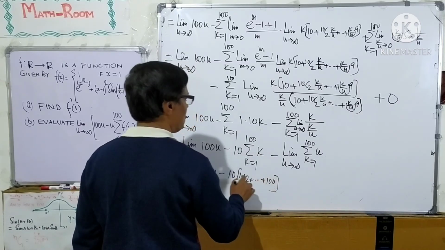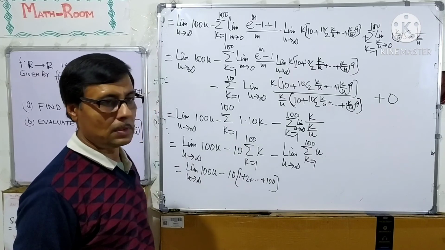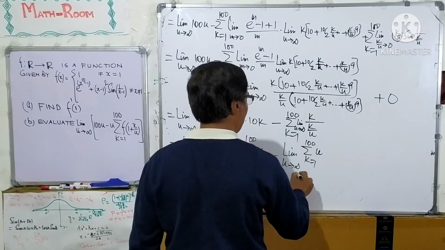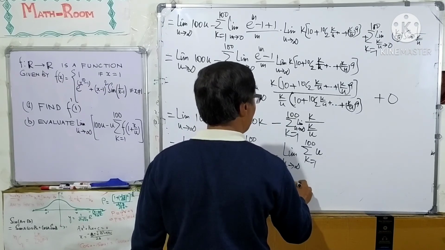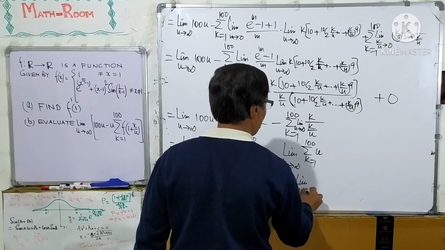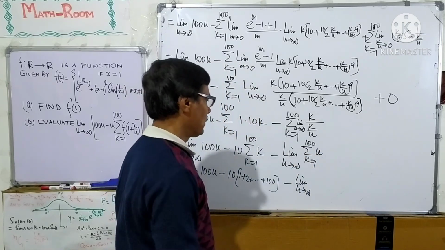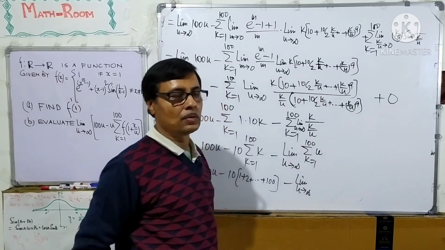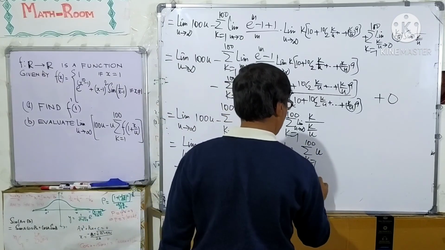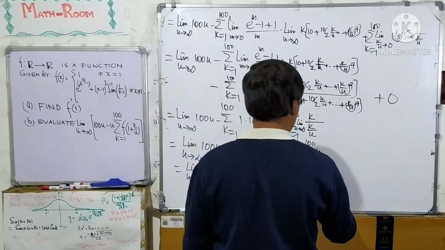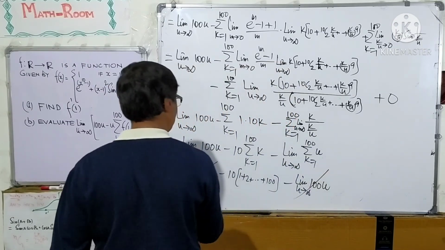This is an AP series, the sum of the AP series is already known. So, this is also the limit as u tends to infinity of u summation k equals 1 to 100, u means 100 into u. So, this is 100 into u, and so these two limits are cancelled out.